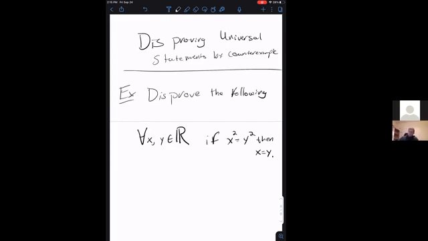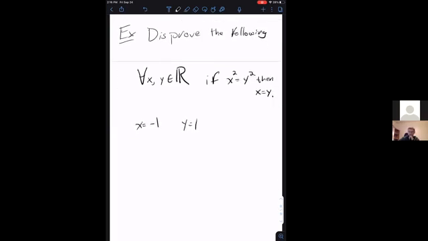I need two numbers whose squares are equal, but when I take the square root, they're not. The easiest would be -1 and 1. x squared equals 1 and y squared equals 1, so x squared equals y squared. That's the if. Then x better equal y, but they don't equal each other. So I just disproved it.